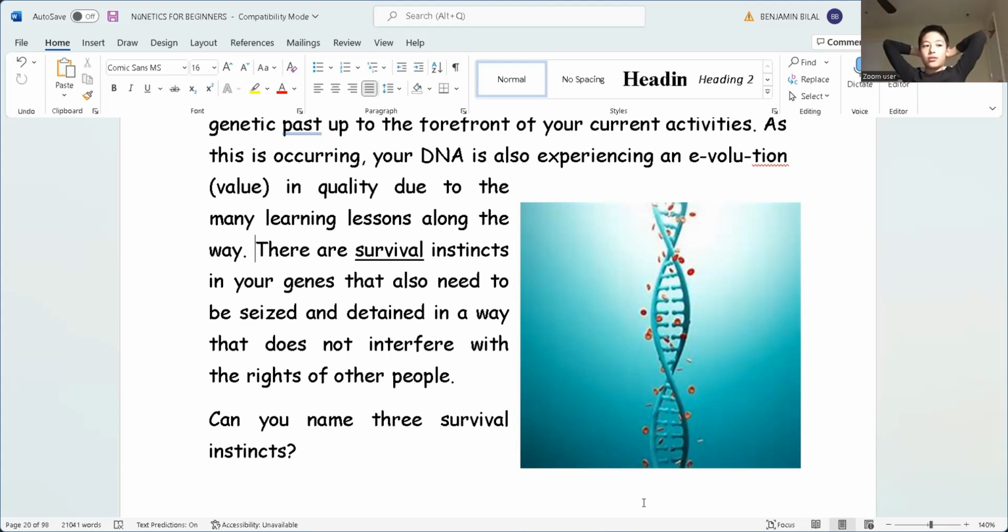Survival instinct. How about a fish? What are these things called? Clownfish. Some of these clownfish live in sea anemones. They evolved the trait to live in these things.